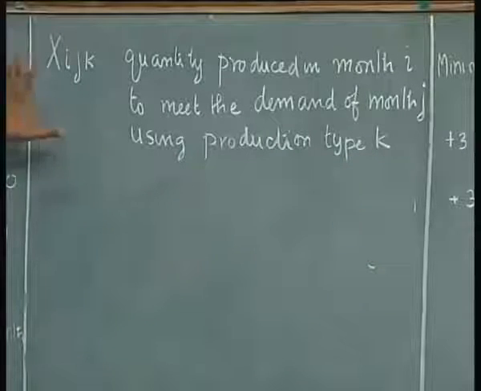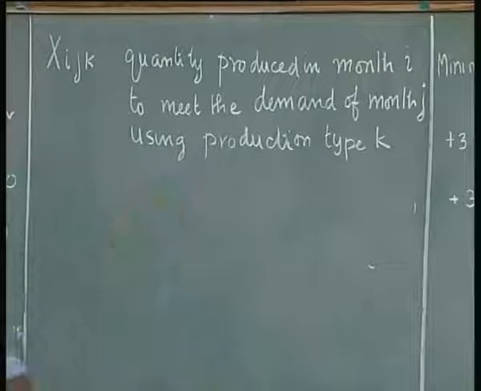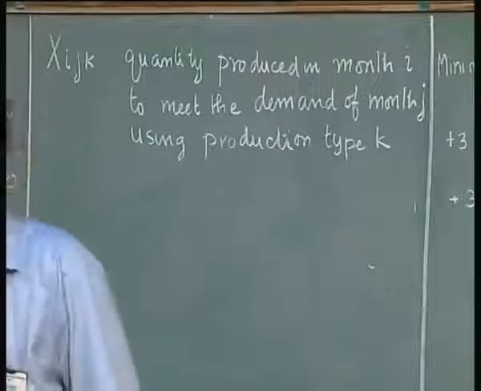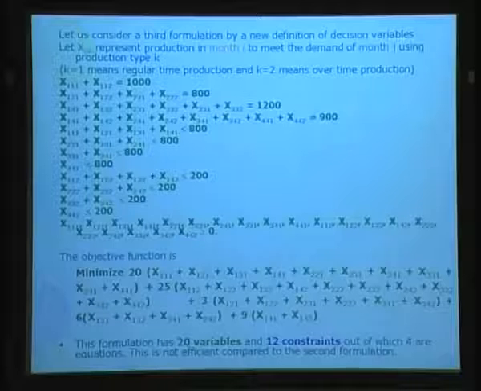Now, with this type of definition of decision variable, let us try to write the constraints and the objective function corresponding to this problem.